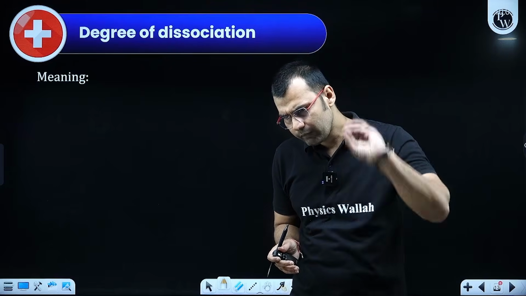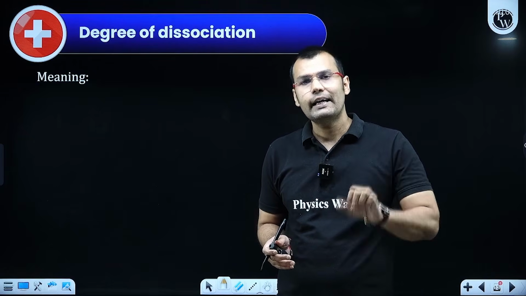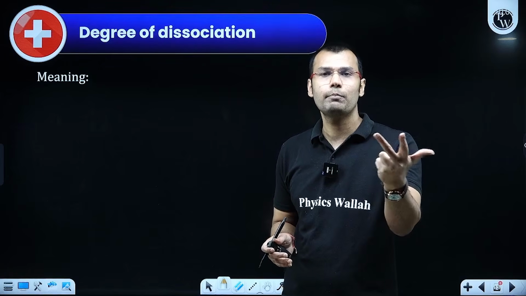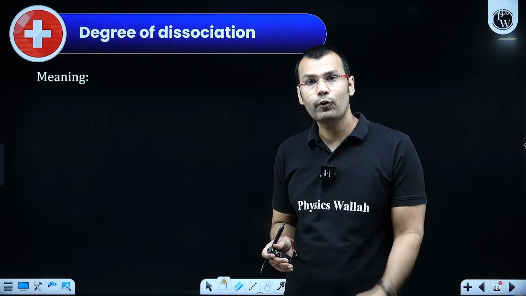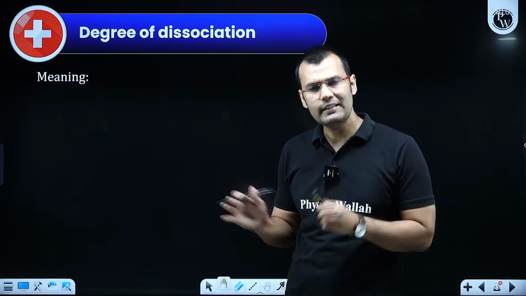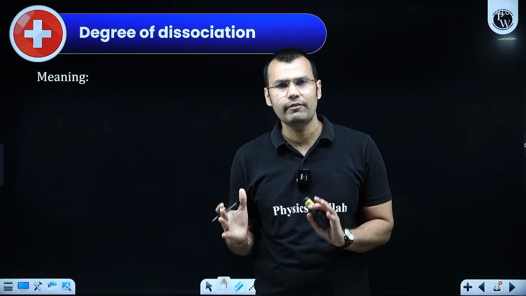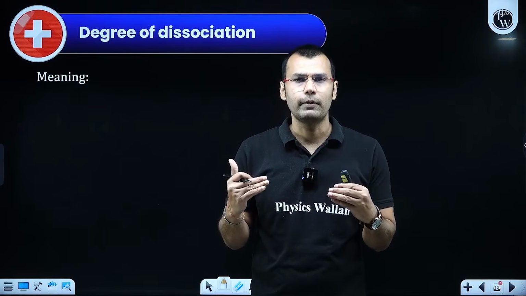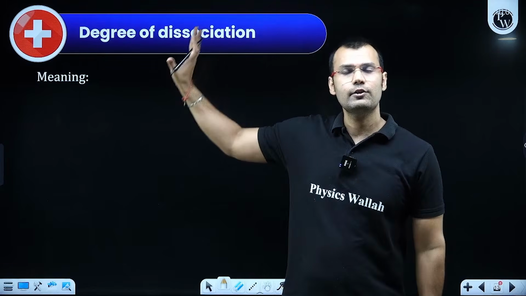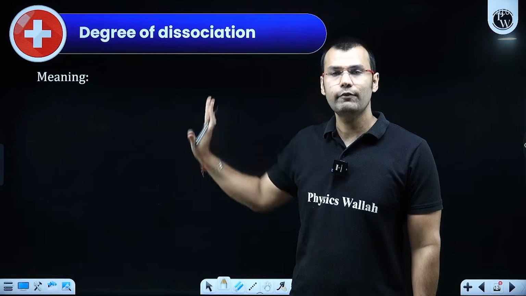Like in most of the questions, you will find either acetic acid, benzoic acid, or HCN as an example of weak acid, and NH4OH or iron hydroxide as example of weak base. So these are some common examples of weak acid, weak base, and that you need to remember, because you should be able to identify which acid is strong, which acid is weak, and which base is strong, which base is weak.